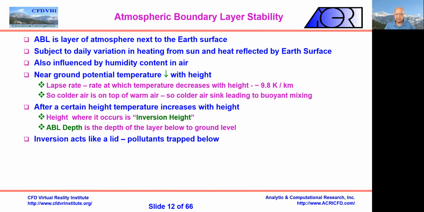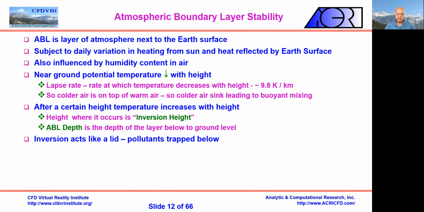If you are a pilot, like I was in my younger days, a glider pilot, you're looking for the thermals that rise up from the ground, okay? And they do that because of the heat generating a buoyant plume above cities and things like that. So after a certain height, though, the temperature begins to increase again for a while, okay?